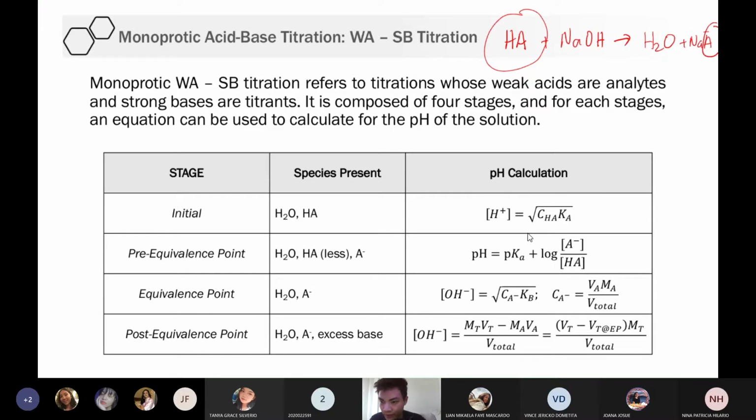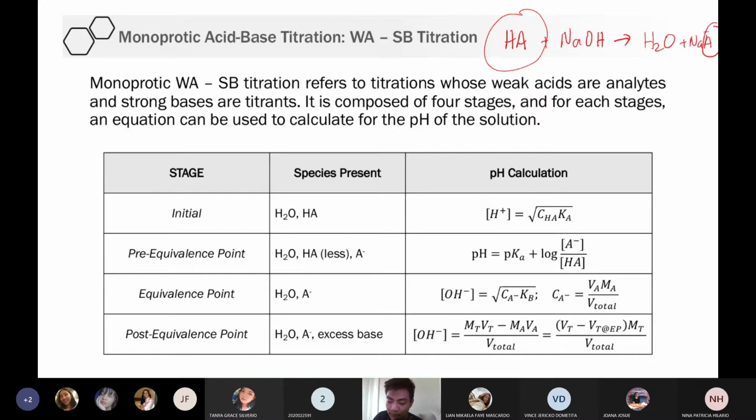Okay, so if you could recall, pH is equal to pKa plus log of the conjugate base over the concentration of the acid. So yan. Take note that yung HA natin dito nababawasan, yung concentration ng HA natin. And yung concentration ng conjugate base na dadagdagan. So you should take note of that, no?